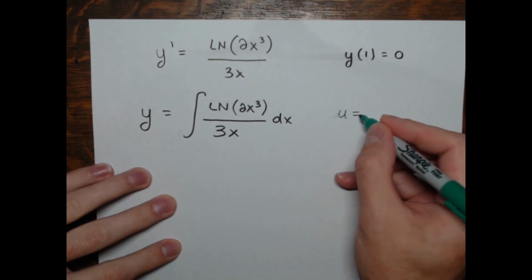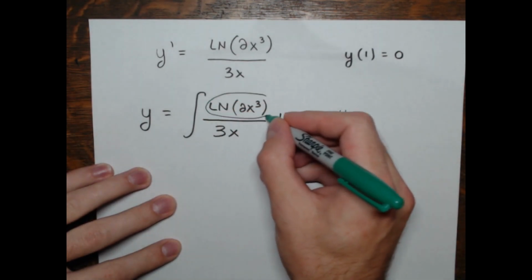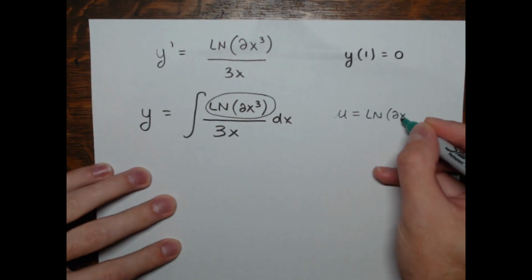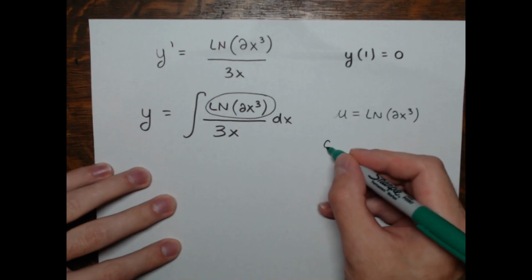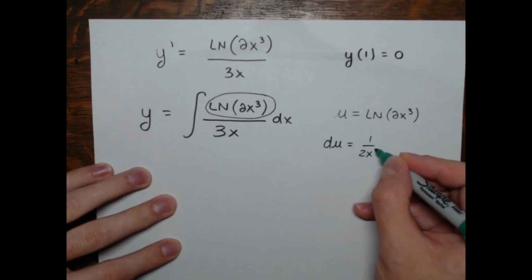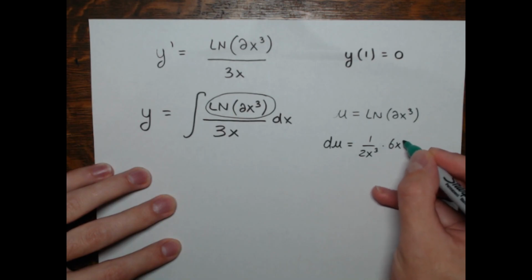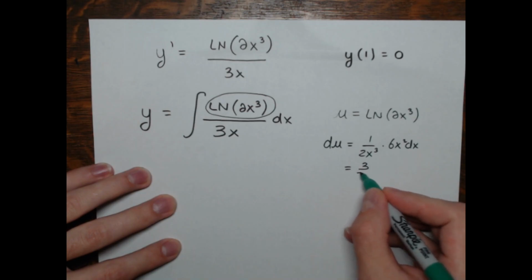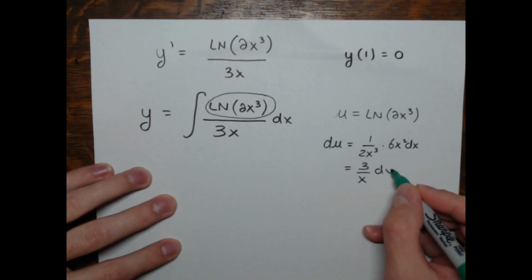I'm going to substitute u for just the numerator here, u be the natural log of 2x cubed, and then du would be 1 over 2x cubed times 6x squared, dx, that's just 3 over x dx, right?